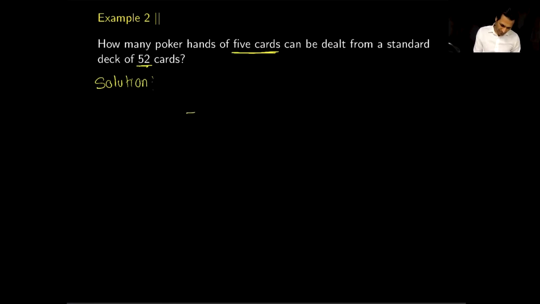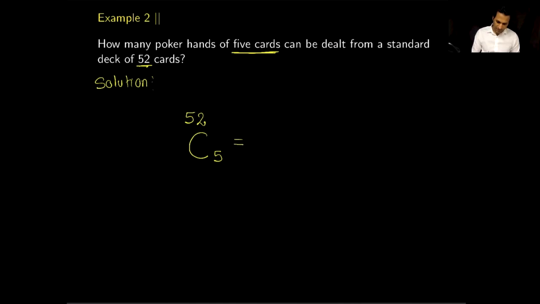The total number of cards we have is 52, and we have to select 5 cards out of these 52 cards. There is no specific order given in this statement.